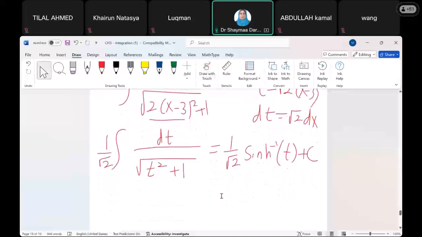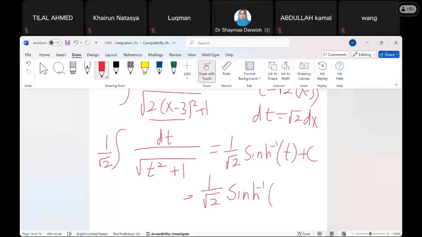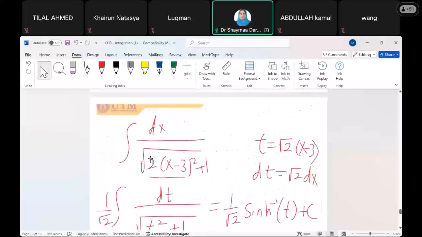You cannot stop here. You have to write back your integration in terms of x. Sine inverse of square root of 2x minus 3 plus constant. So again, here is how to use the formula.